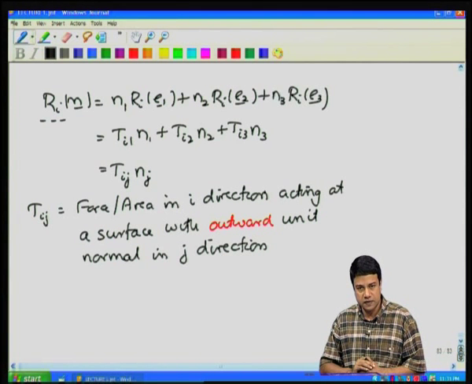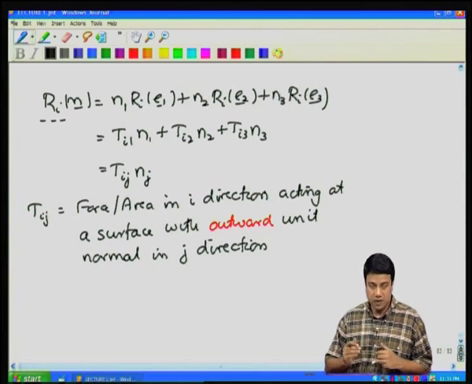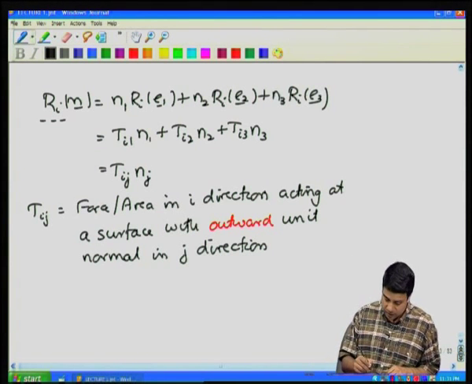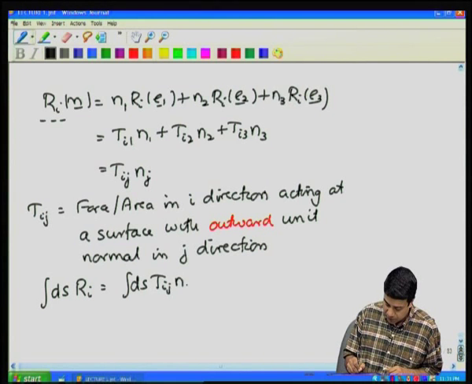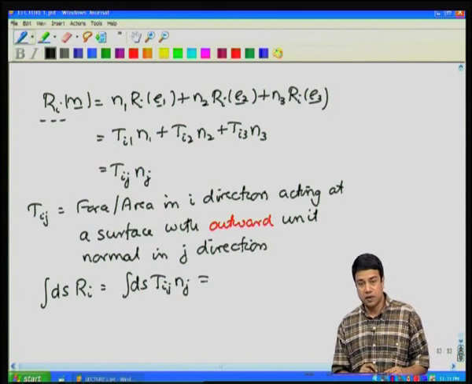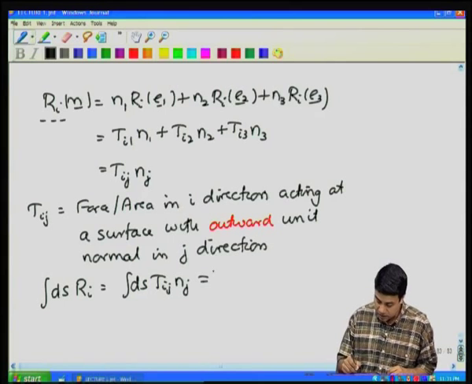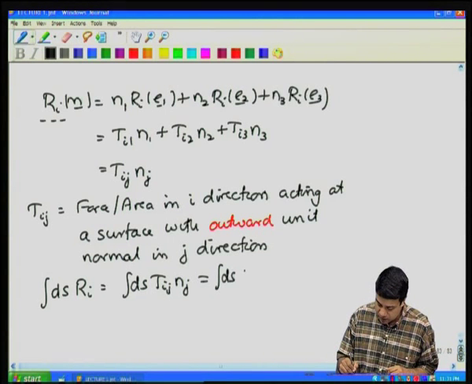Okay. Surface force can always be written as Tij times nj. Okay. So, when I write the surface force as Tij times nj, then the integral over the surface ds of Ri is equal to integral ds of Tij nj. This can now be reduced to a volume integral using the divergence theorem, dv partial by partial xj of Tij.